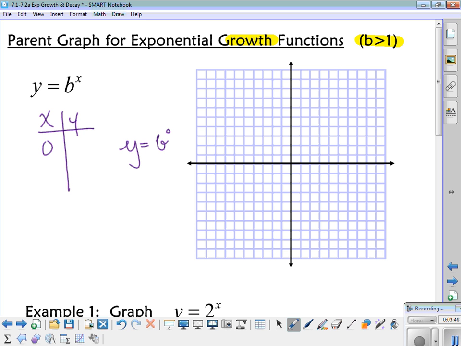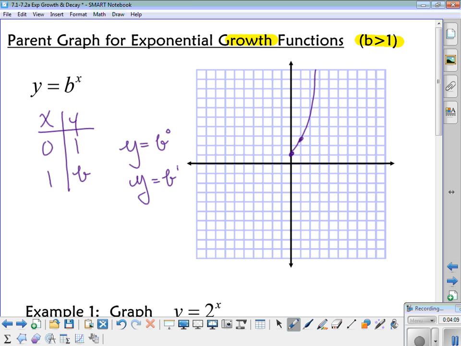What's anything to the 0 power? 1. And then if I put in a 1, that means y is equal to b to the first power. That's just b. So the point (0, 1) is on there, and then (1, b), and I'll just pick a random b right there.